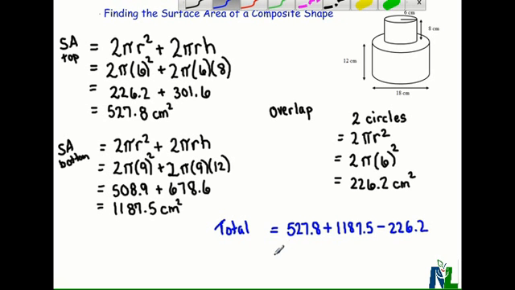And our final answer is 1,489.1 centimeters squared.